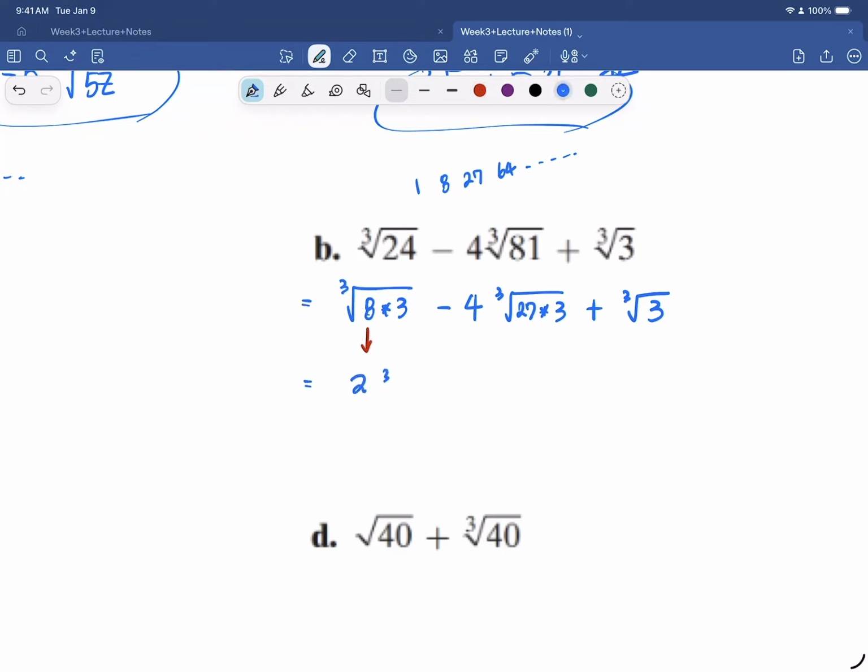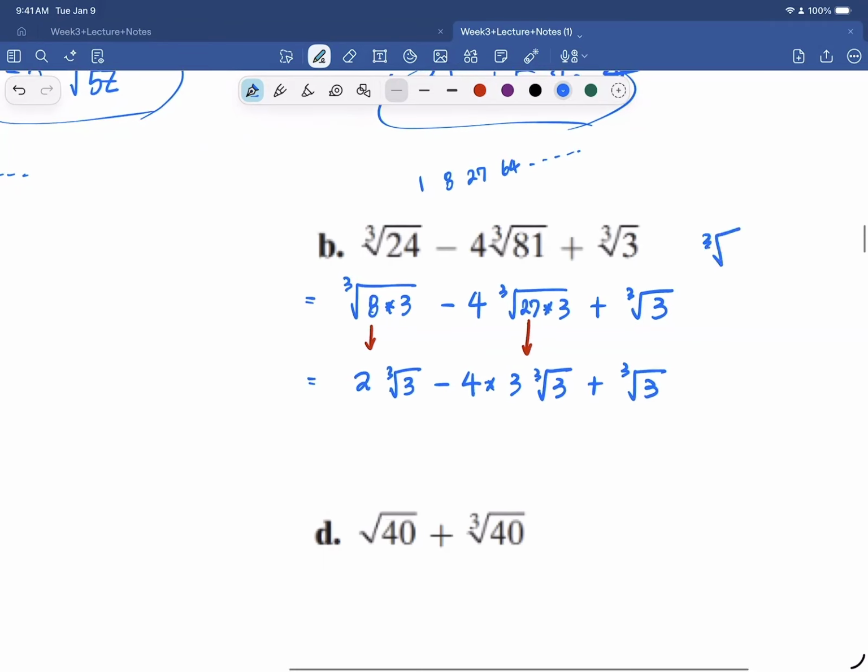So 2 times the cube root of 3, minus 4. And this one, 27 is 3 cubed. So 3 times 3 times the cube root of 3, and then plus the cube root of 3. Because the cube root of 27 is the cube root of 3 cubed, so that's why it's 3.